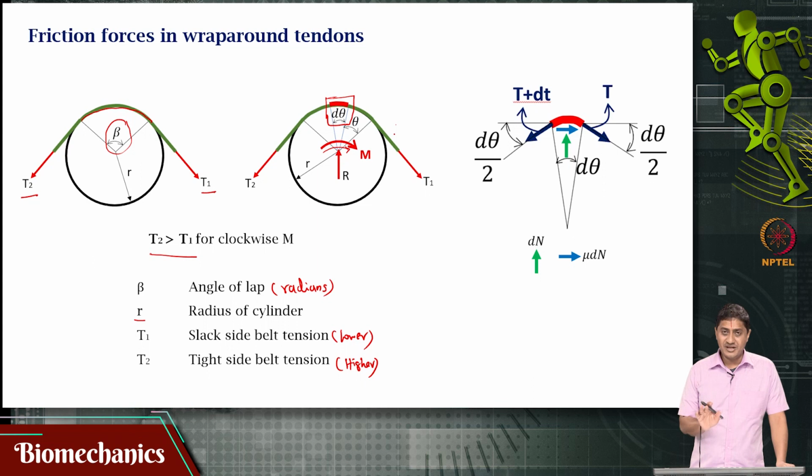We zoom in to this element and what we see is drawn here. There is this extremely small sector due to the angle d theta, and the radius is r.